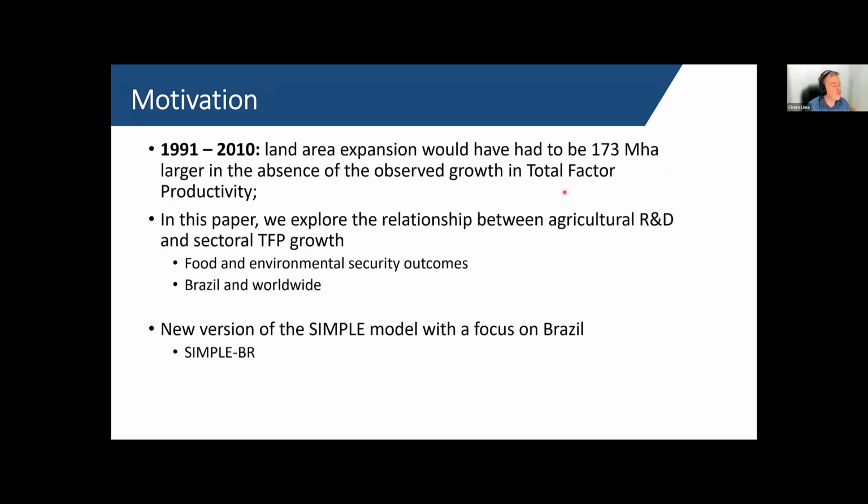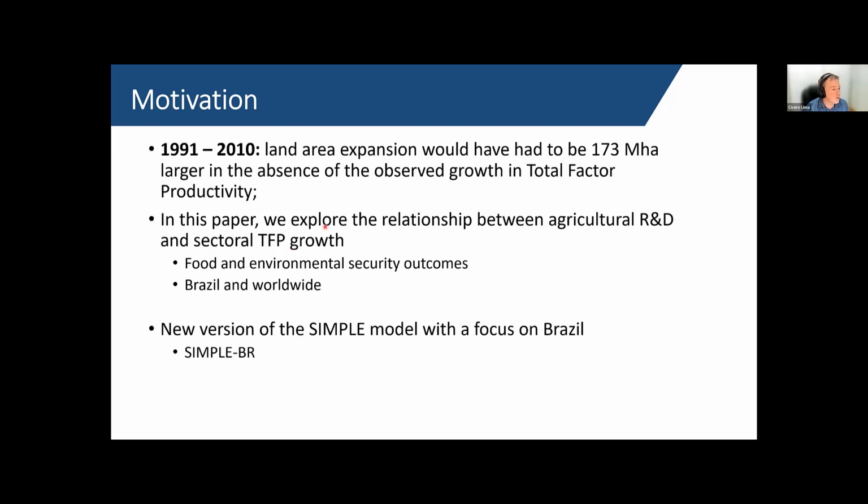If you compare, for example, the period from 1991 to 2010, considering the productivity in the first year of this period, the land expansion would have had to be more than 100 million hectares larger in the absence of this investment and technology improvement.